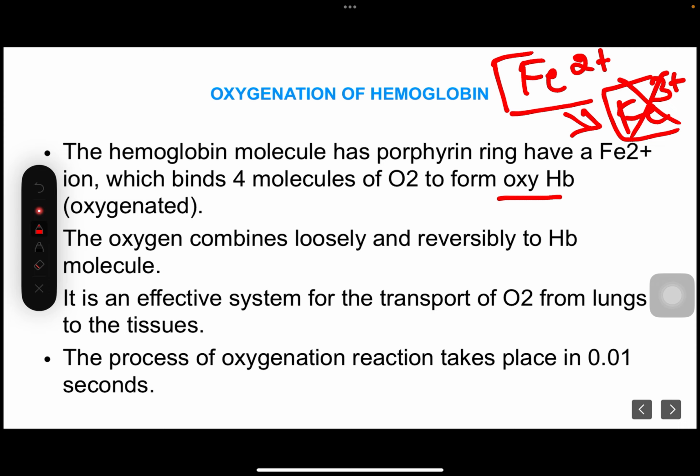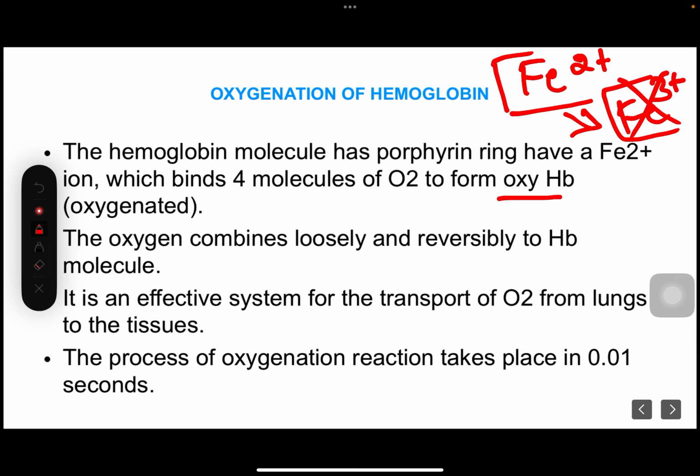The oxygen combines loosely and reversibly to the hemoglobin molecule. In the oxygenation process, the combination is loose and reversible, meaning whenever the hemoglobin reaches the tissue, if the tissue requires oxygen, it can easily give up that oxygen. So the bond is loose and reversible.